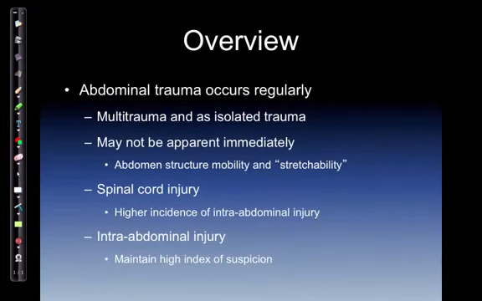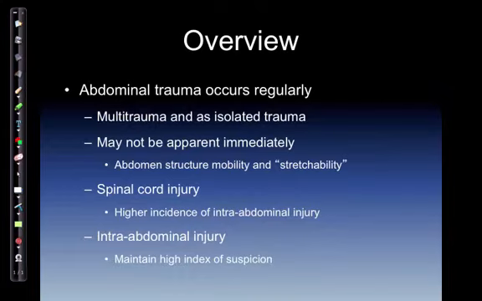Overview. Abdominal trauma occurs regularly, as multi-systems trauma and as isolated trauma. It may not be apparent to your assessment immediately. Abdominal structures have mobility and stretchability. The peritoneal cavity can accommodate up to 3 liters of blood without distension.